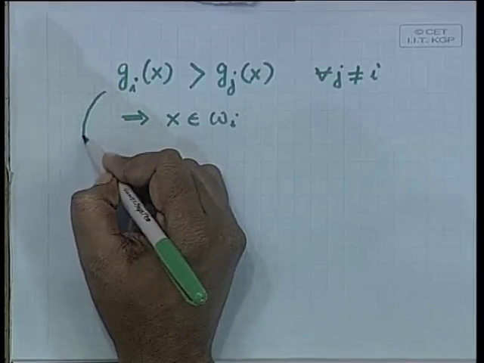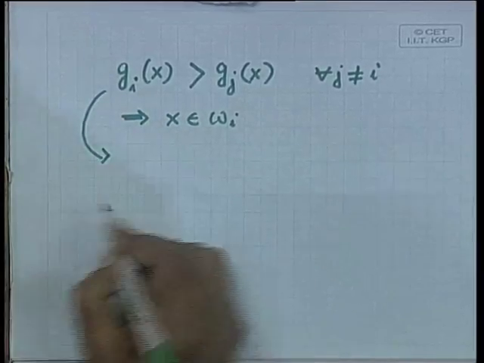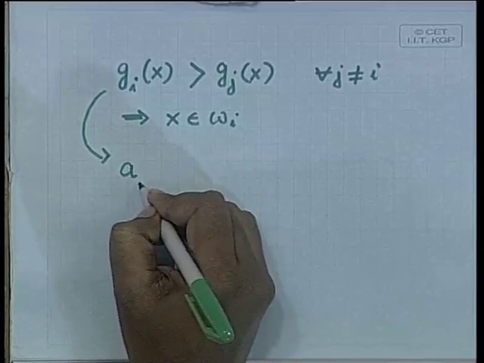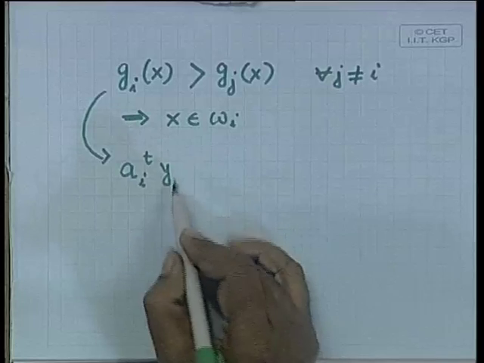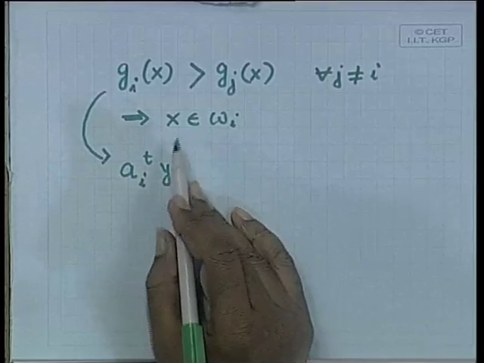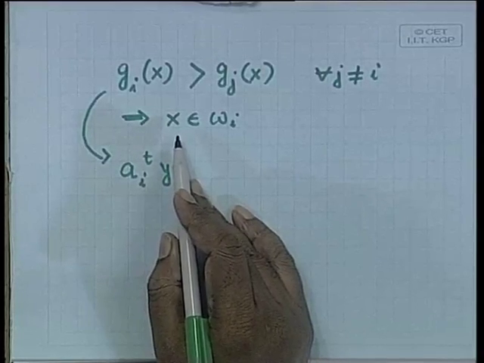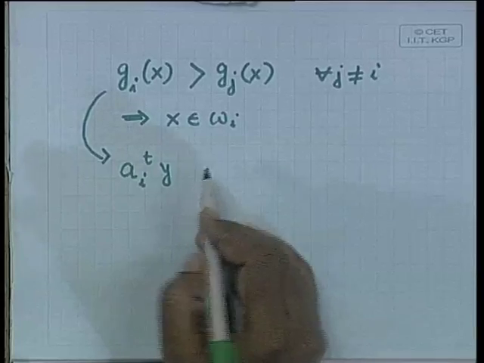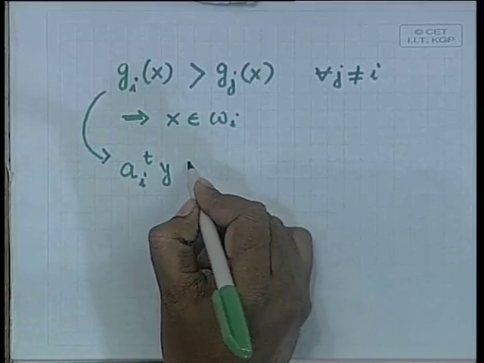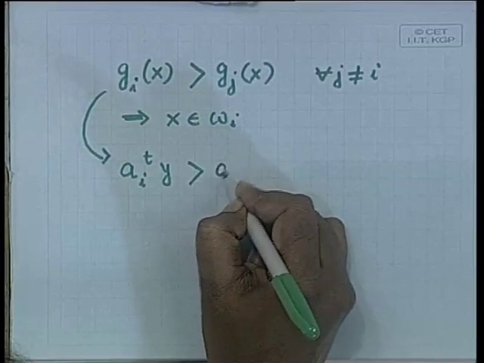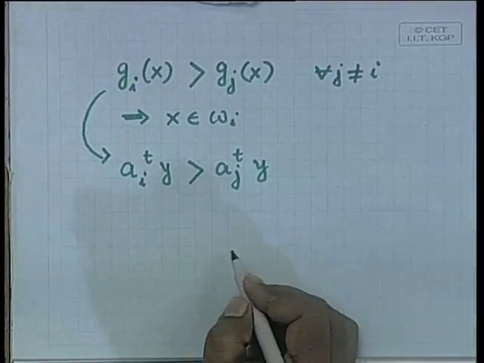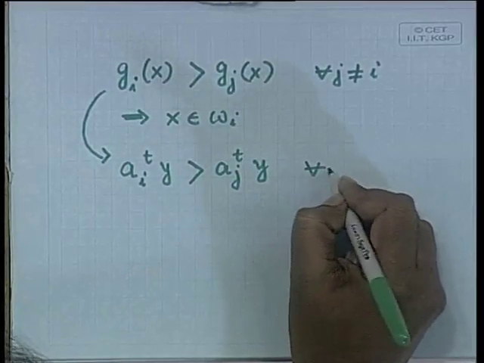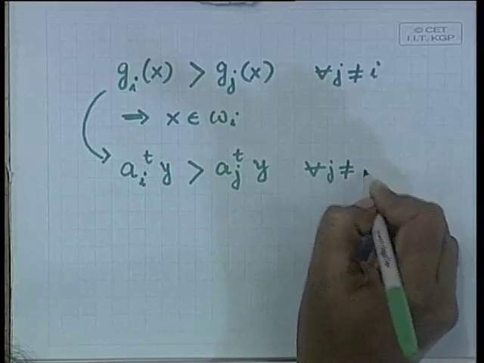Or in other words, if I expand this, it simply becomes A i transpose y, where y is the augmented vector x obtained by adding 1 to it. So, A i transpose y is greater than A j transpose y, again for all j not equal to i.